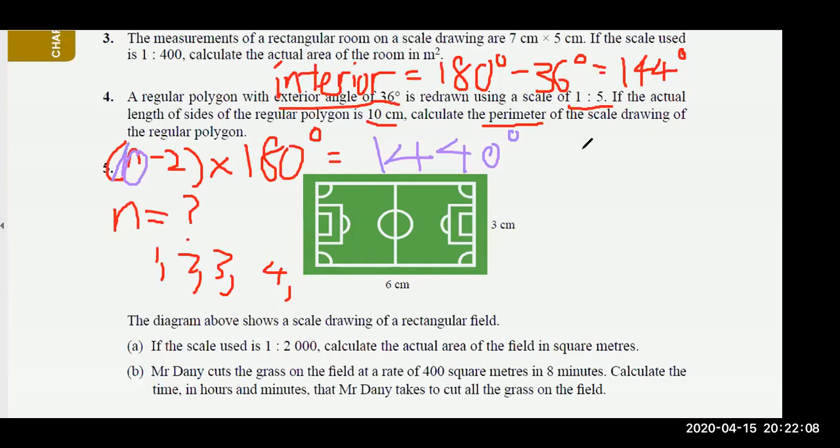Then you get the sides, right? So 1440 you divide by 144 equal to 10, right? The sides. So you have 10 sides and 10 angles. So then you can calculate the ratio, calculate the perimeter.